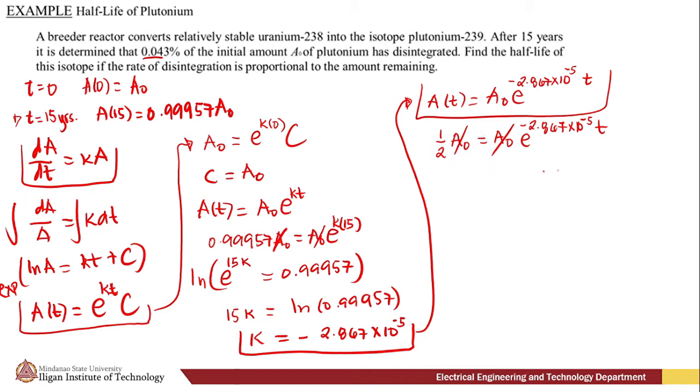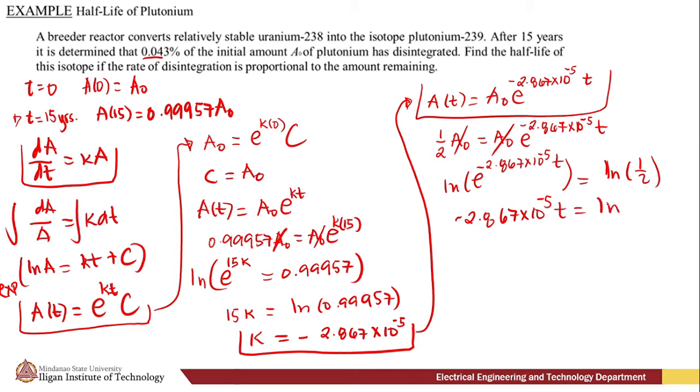Then applying ln to both sides, we have ln of e raised to negative 2.867 times 10 to the negative 5 t equals ln 1 over 2. So we have negative 2.867 times 10 to the negative 5 t equals ln 1 over 2.